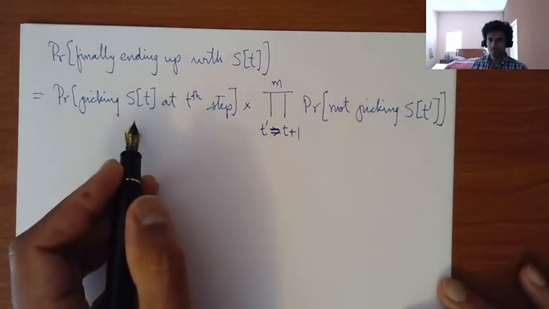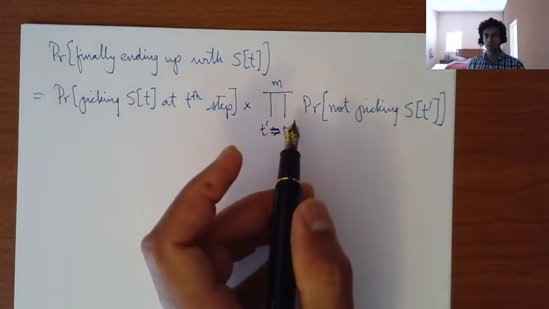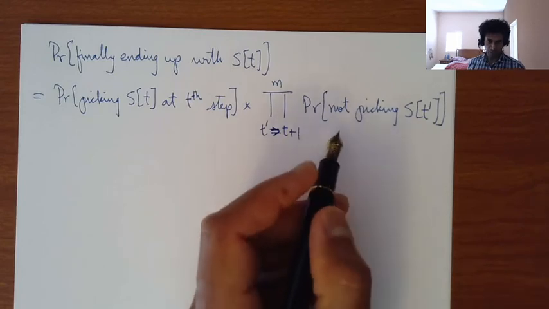Right? So at this tth step, you have to pick S of t. And at all subsequent steps, you should not pick the next element, the S of t prime. Does this make sense?